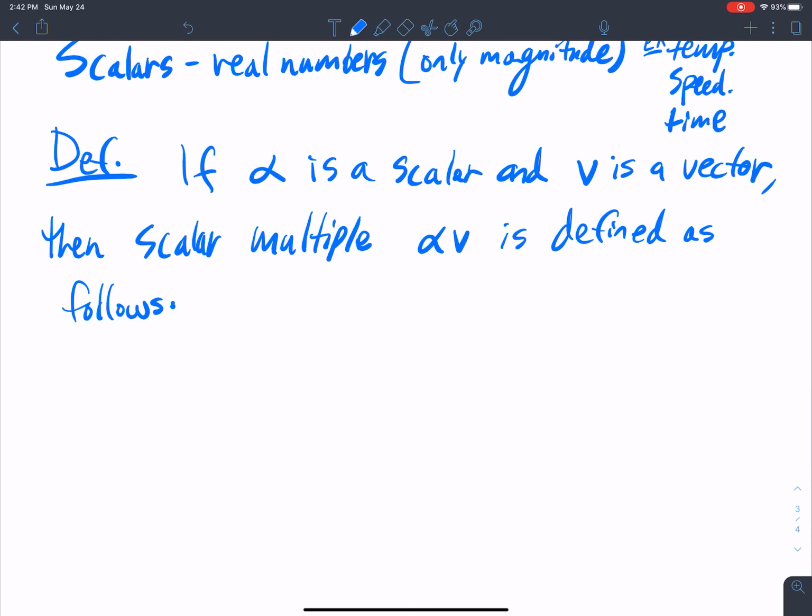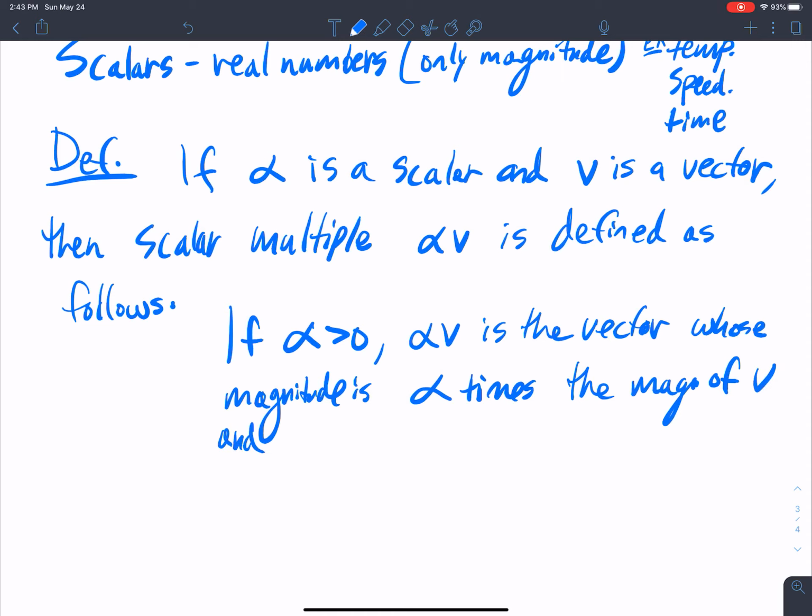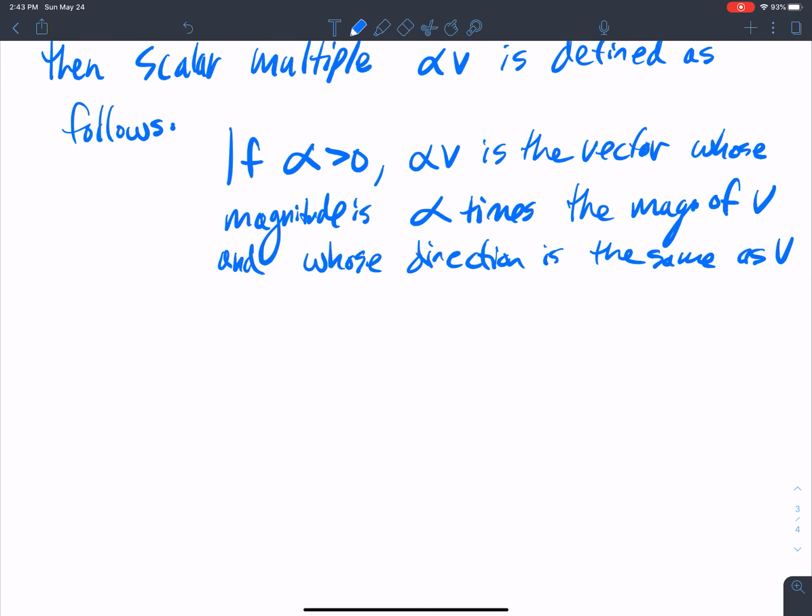If alpha is greater than 0, alpha V is the vector whose magnitude is alpha times the magnitude of V, and whose direction is the same as V.